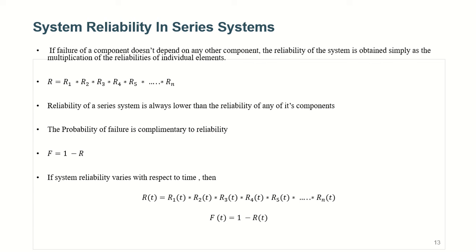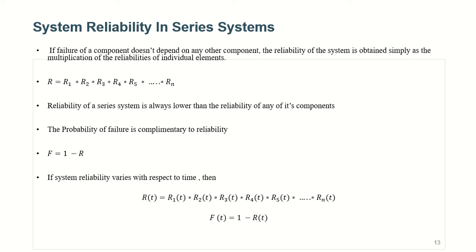So what will be the value of my R? It will be the multiplication of R1 and R2, which means 0.9 times 0.8. That will be 0.72. See, 0.72 is less than either of 0.9 and 0.8, which means the reliability has decreased. Your system's reliability has been weakened.